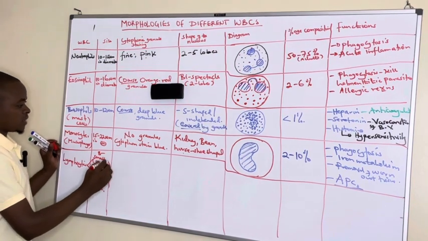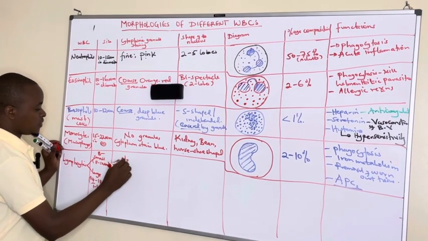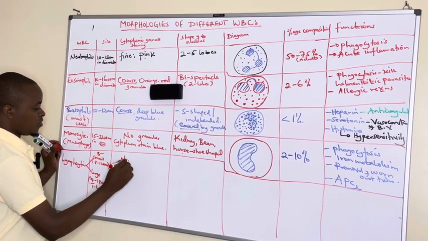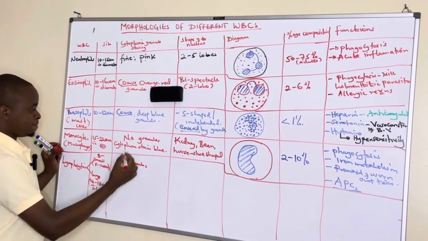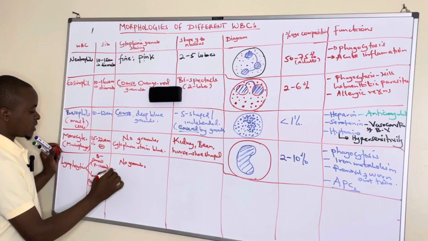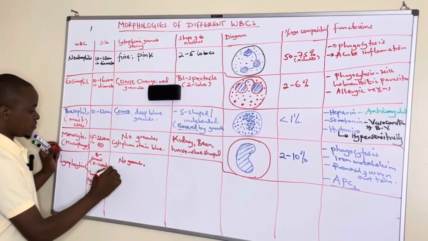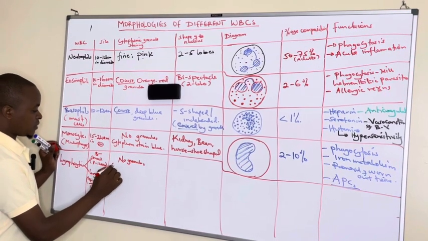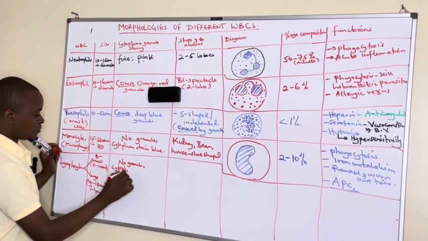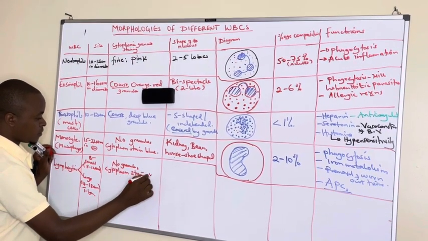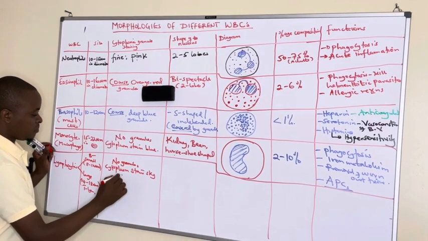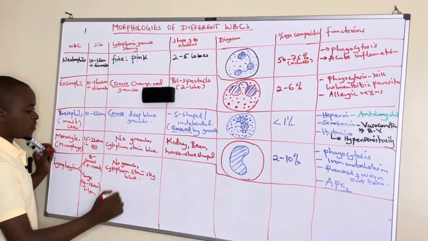And the smaller ones, of course, have no granules. But the cytoplasm stains sky blue, or you can say pale blue, or purple.